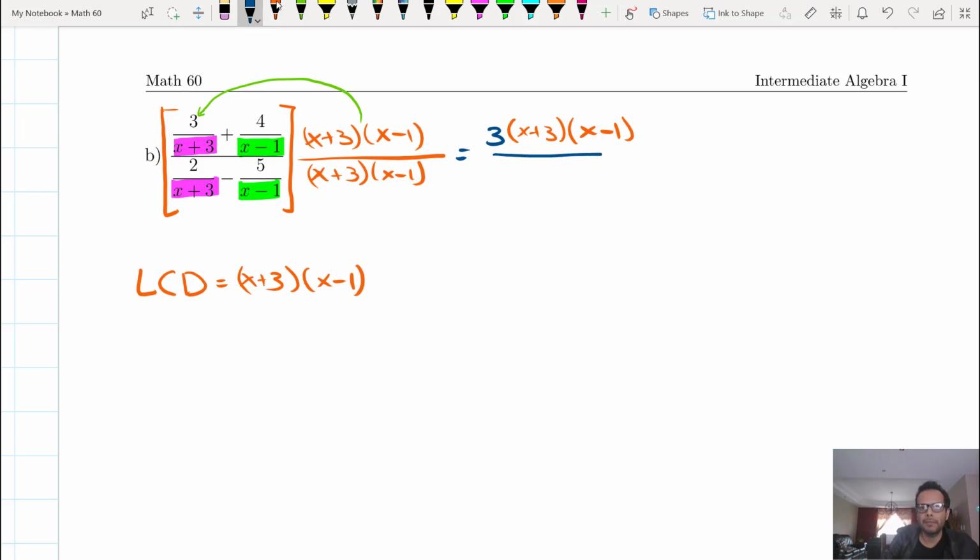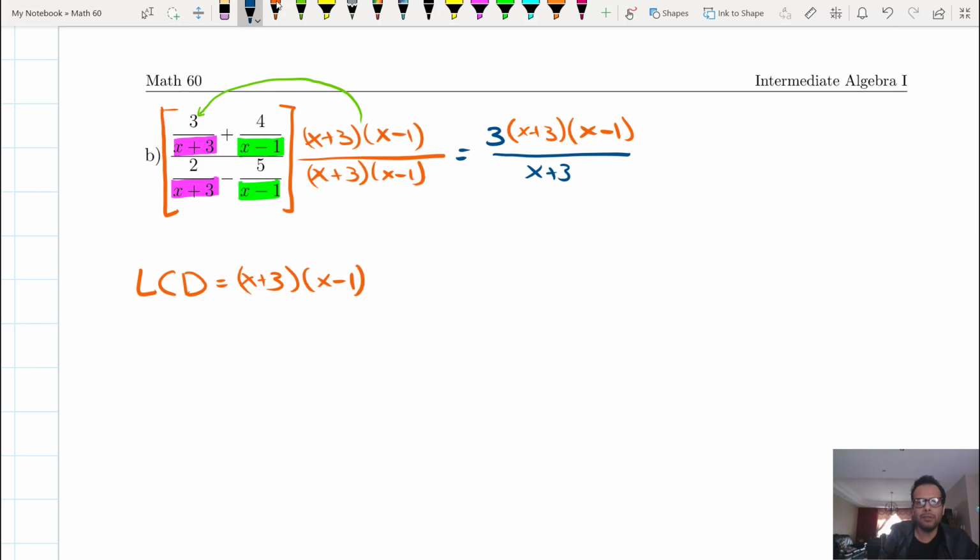So, let's divide this by x plus 3. At this point we could divide out these x plus 3's and see the magic of finding an overall LCD that kills off every single denominator in one shot, rather than writing two separate problems, numerator and denominator.